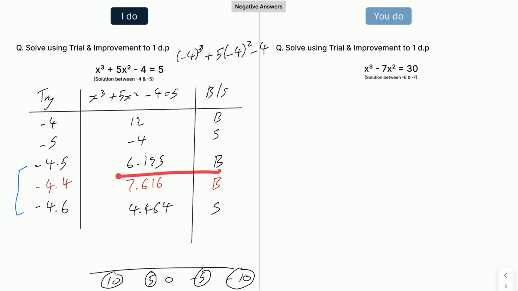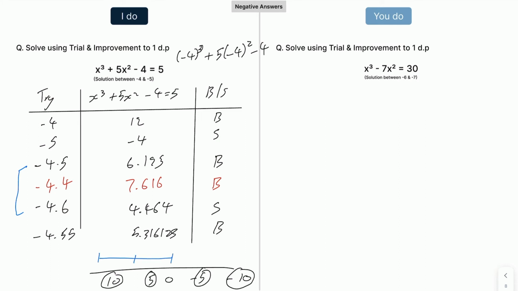You can just ignore this bit here that I wrote in the middle, but that was just to prove the point there, where people do make this mistake with negatives. So halfway between these two is -4.55, sorry. And that gives you 5.316125, which is big. And then finally, you draw your number line.